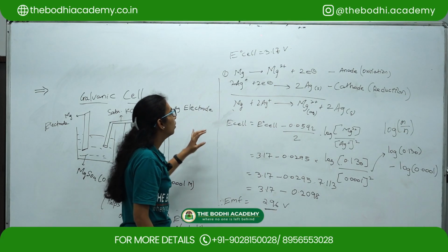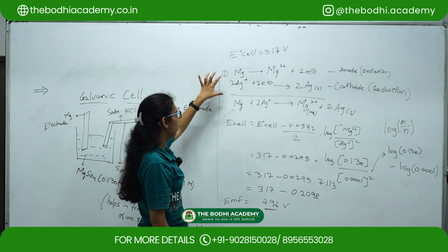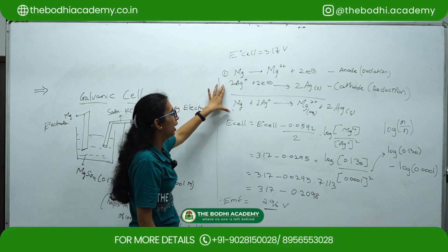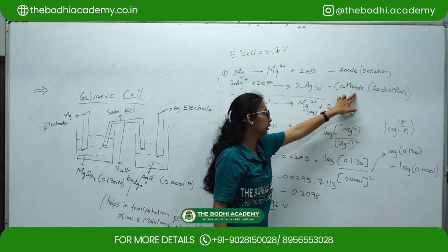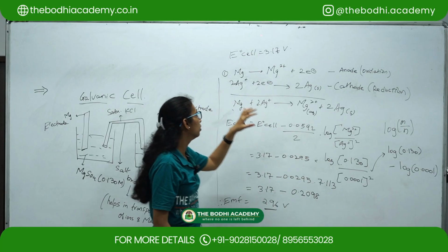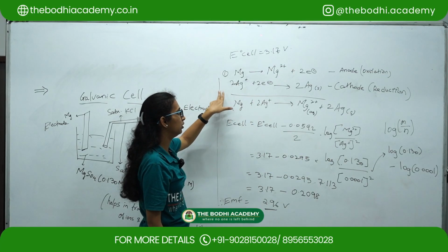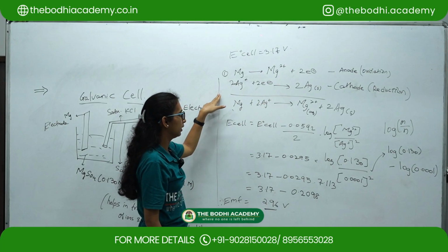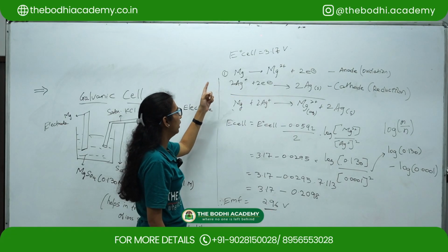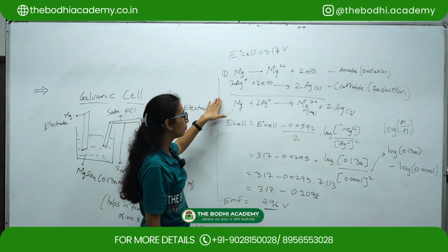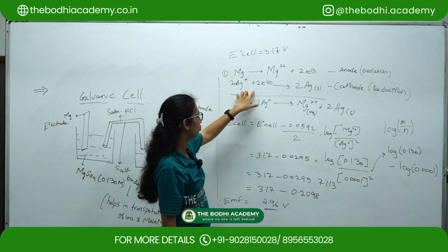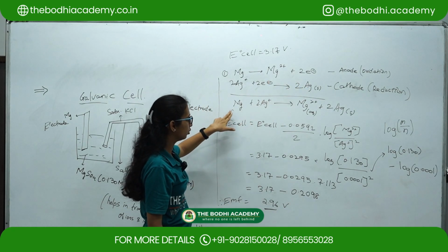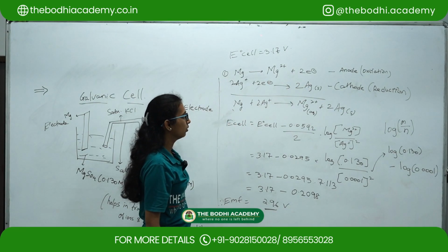First I have written the half reactions, and we know at the anode oxidation takes place and at the cathode reduction takes place. So this is the half cell reaction. Oxidation means loss of electrons, and reduction means gain of electrons. Right. So these are the half cell reactions, and the two electrons get cancelled. So this is the overall reaction.